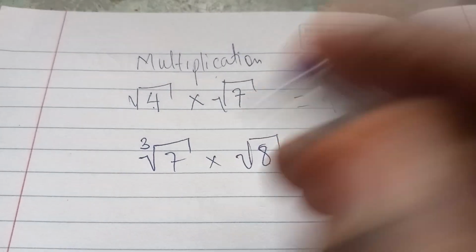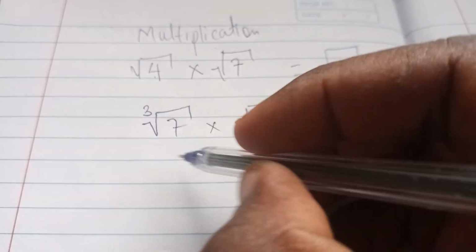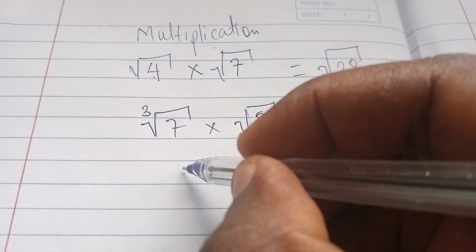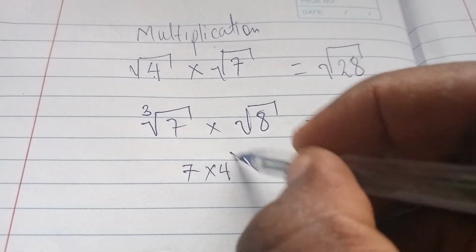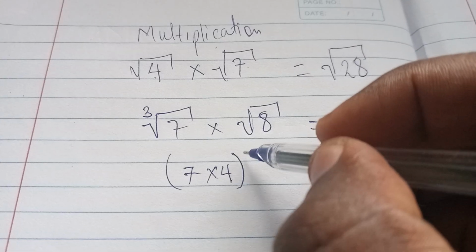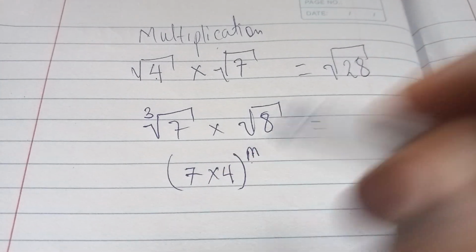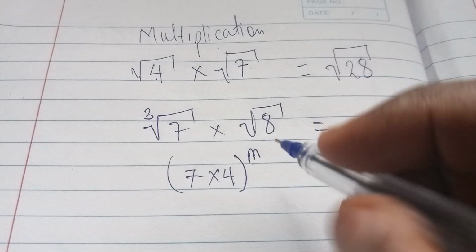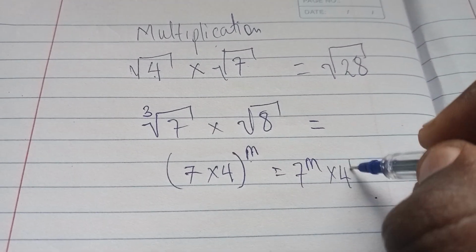Okay, where does this come from? Remember in exponents, make sure you've watched my video on exponents. We said if we had two different numbers, maybe 7 times 4, power m, this is the power of a product, we say this is 7 power m times 4 power m.